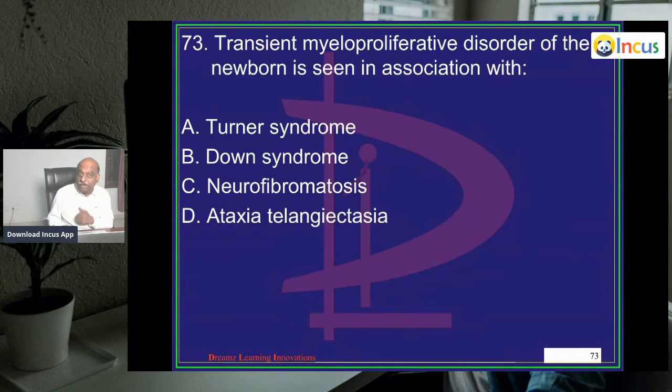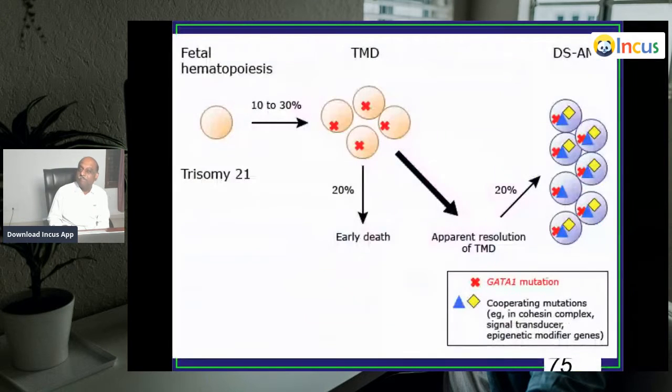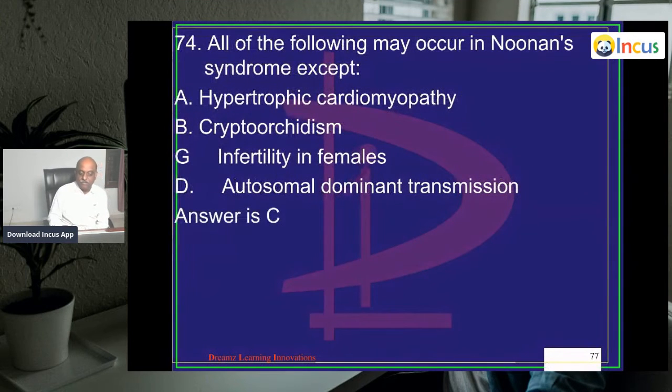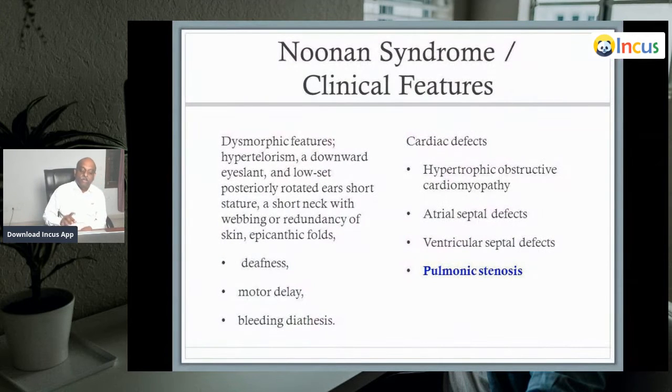Transient myeloproliferative disorder leading to AML is a risk factor in Down syndrome. Noonan syndrome, what do you see? Hypertrophic cardiomyopathy, cryptorchidism, and autosomal dominant transmission. So you should know the garden variety of presenting features of Noonan: deafness, motor delay, bleeding diathesis, HOCM, ASD, VSD, and pulmonic stenosis.